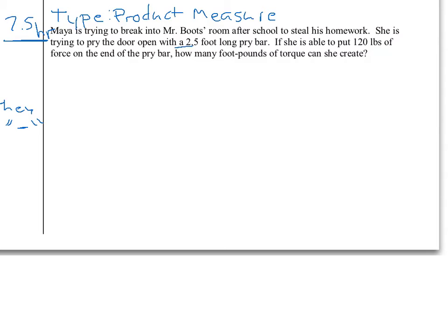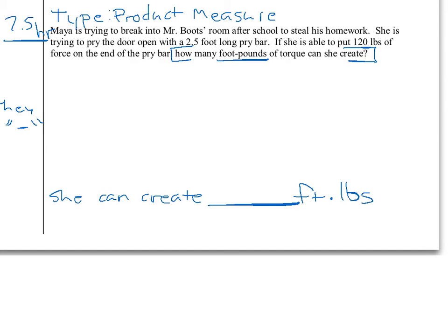So what we're going to recognize different about this one is the second we start writing our answer sentence, it says how many foot-pounds. So in this case, our answer is going to be the product measure. She can create blank foot times pounds.